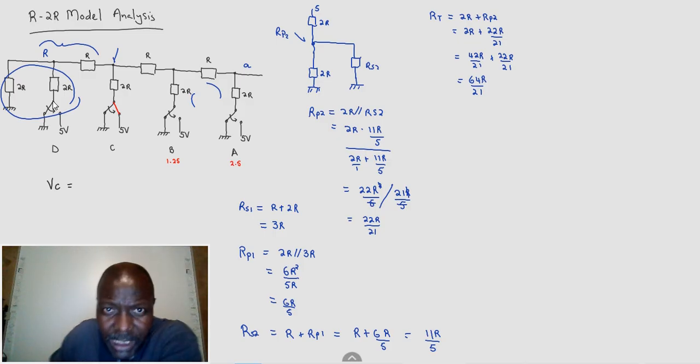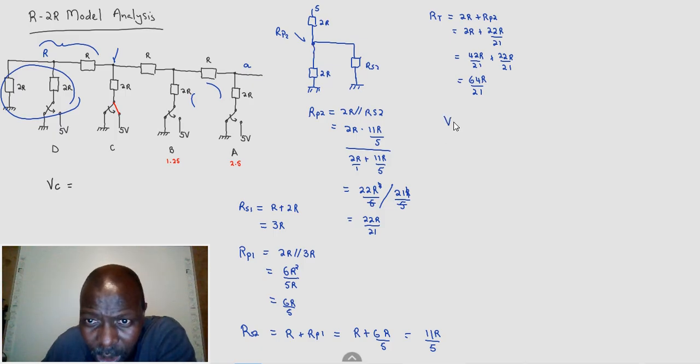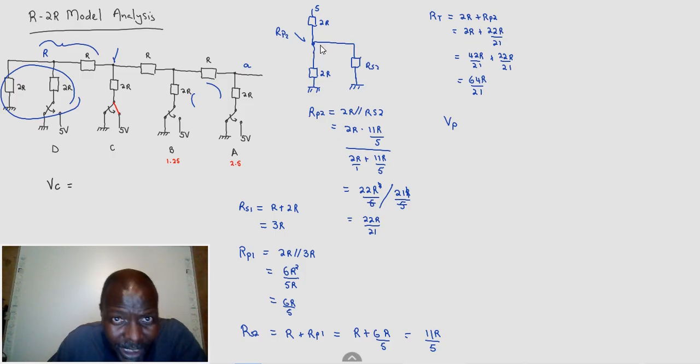Anyway, we want the voltage at that point. All this was for us to be able to work out V parallel at that point there. What we are looking for now is V parallel.